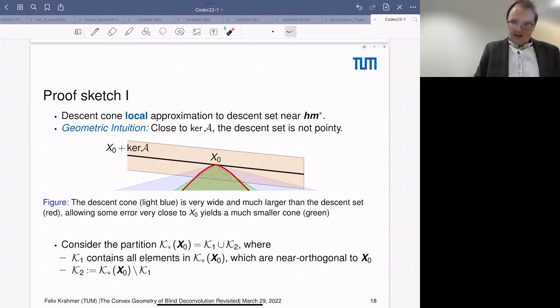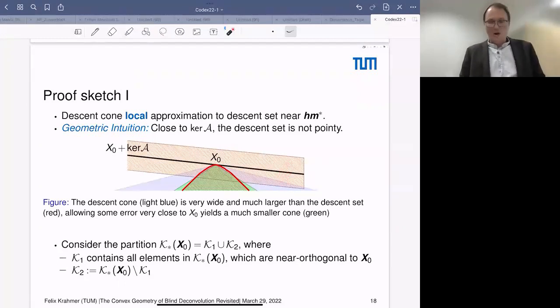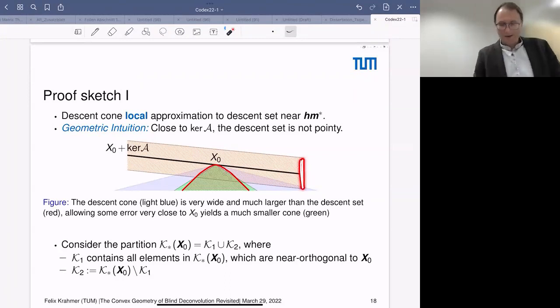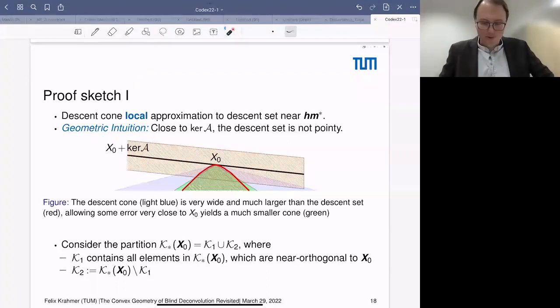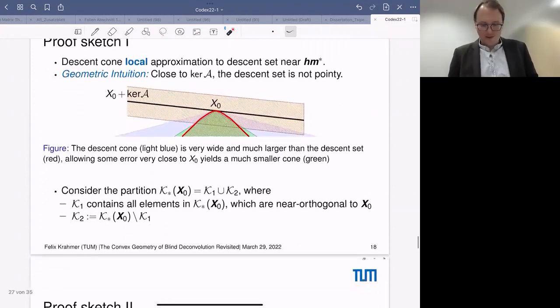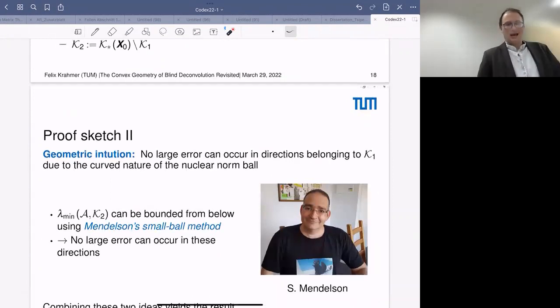On the other hand, if I say I want a good explanation only outside of this orange strip, then I don't need to make sure that things inside the strip are included. So I can take the green cone, and the green cone includes everything of the descent set that's outside of the orange strip. This is the intuition of this partition here. We are splitting up our vectors into the near orthogonal parts and the complement of them, and analyzing them separately.